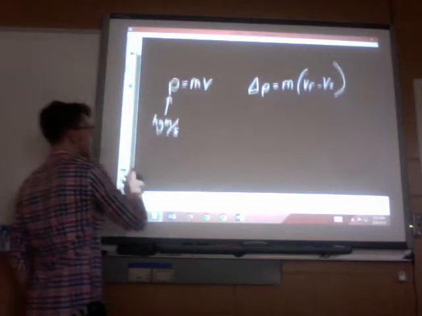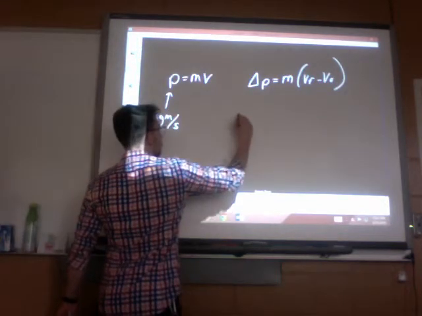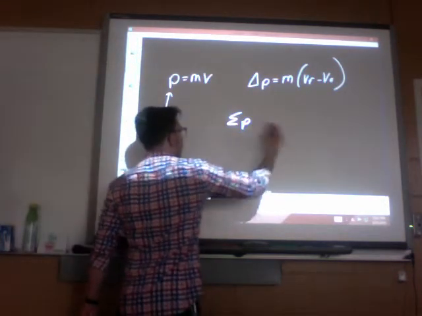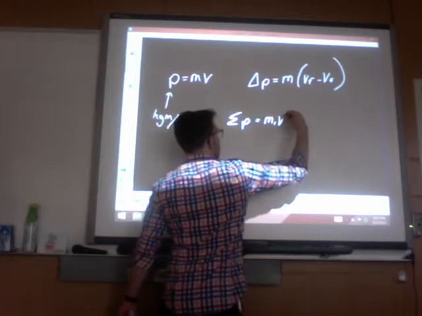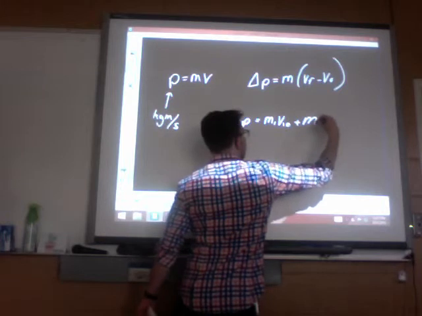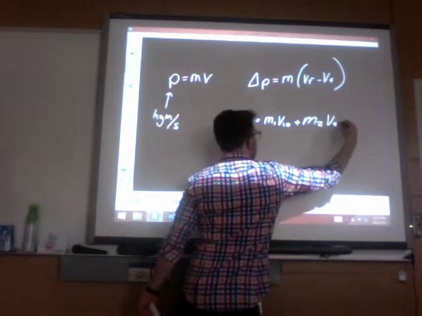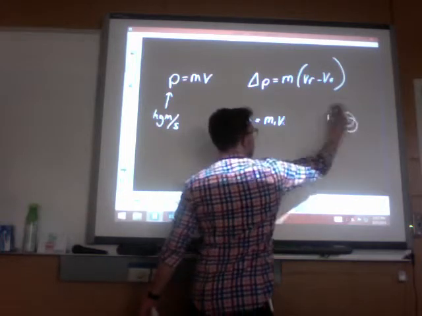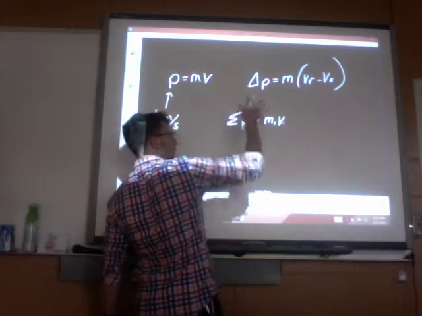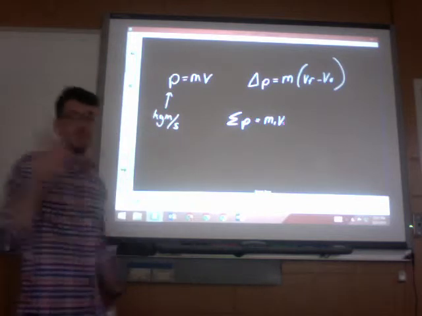Total is the last equation I'm going to write up here. These are all provided for you. These and more. I don't know why I put the initial there. It's not necessarily initial. When you're calculating total momentum, there's going to be 2 carts.